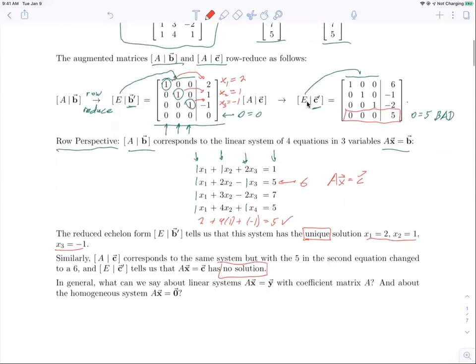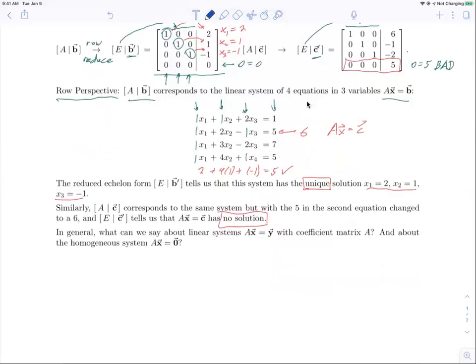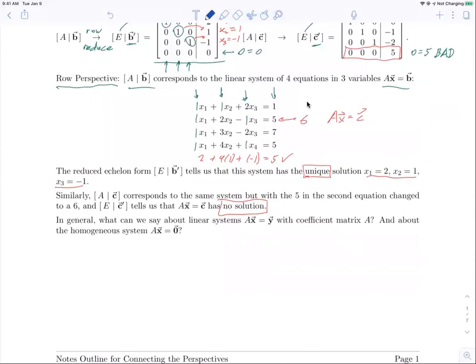Okay. And that begs the question: what can we say in general if I wanted to change these numbers after the equal sign to be any numbers? That's this y right here. What could I say about such linear systems?